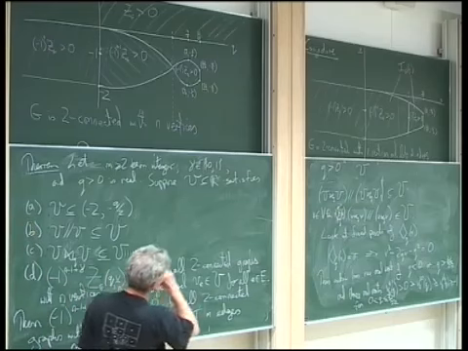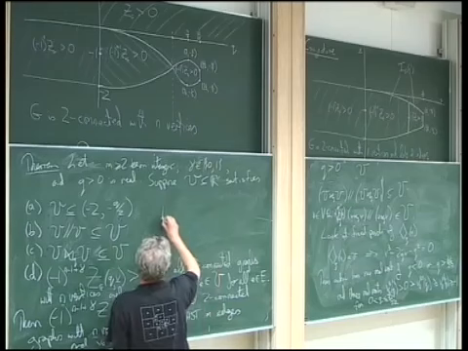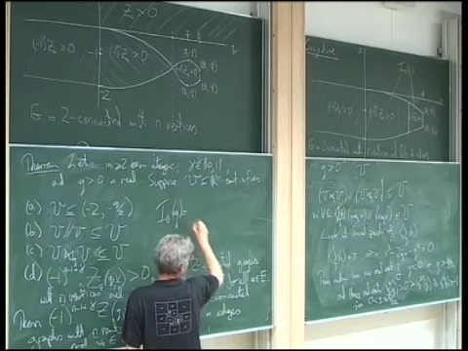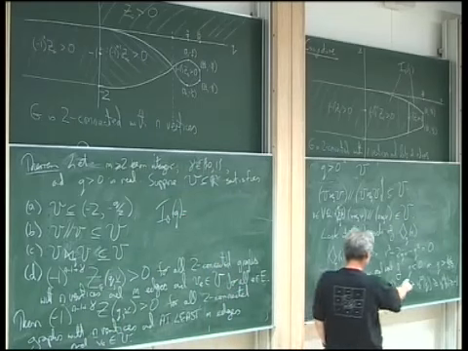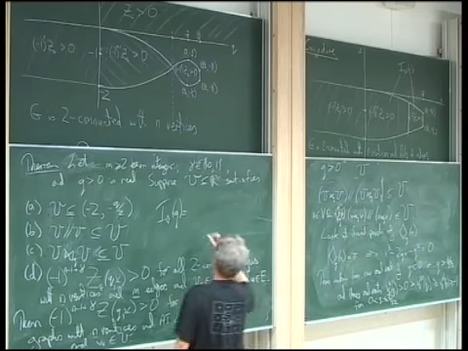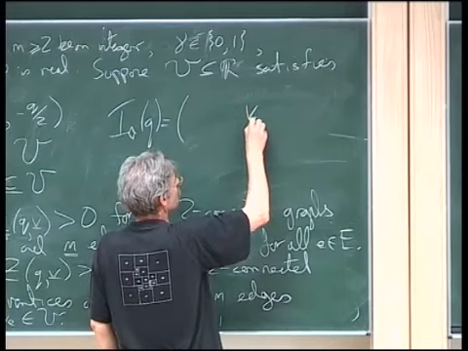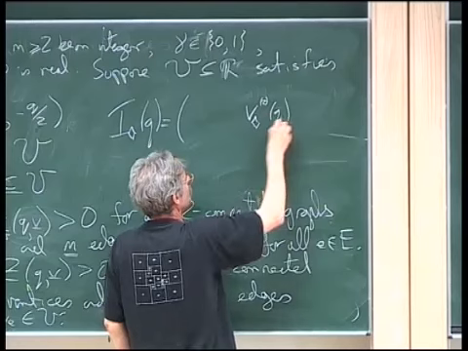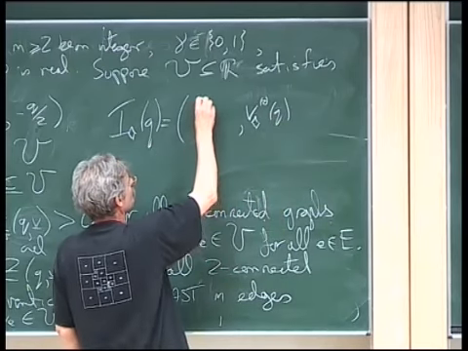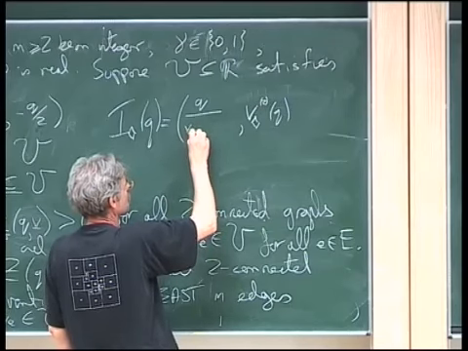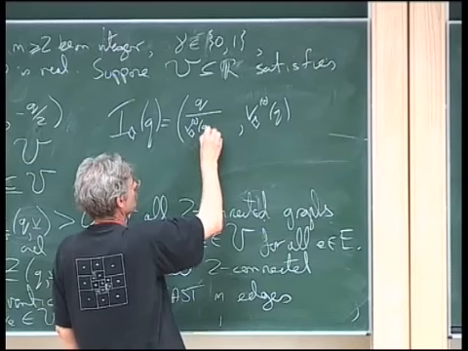So this interval I diamond Q, which is up there, is this middle root. So it's V diamond 2 of Q and Q over V diamond 2 of Q.